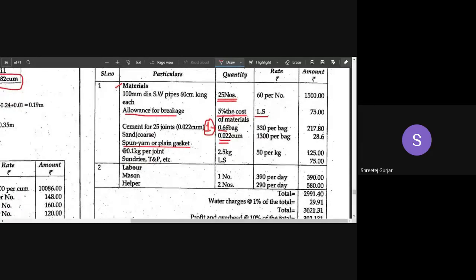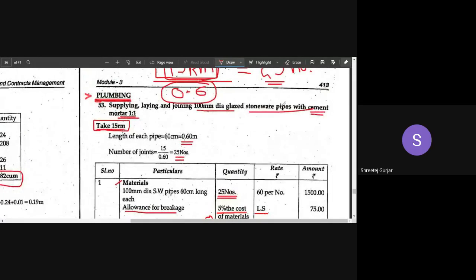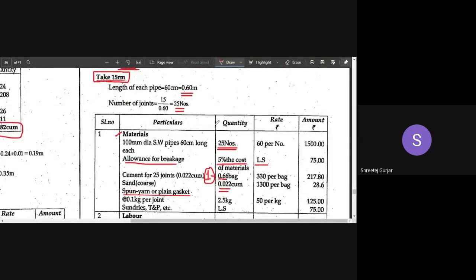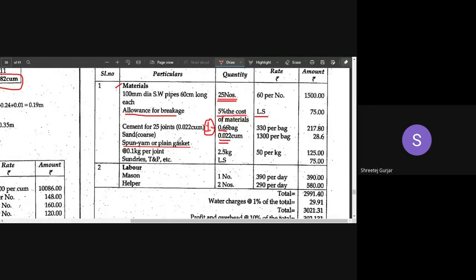Okay, now to join these particular pipes, we are using cement mortar. Along with that, we need to make sure that your joints are not leaking, right? We have to make sure that they are watertight. So we have to provide this gasket.